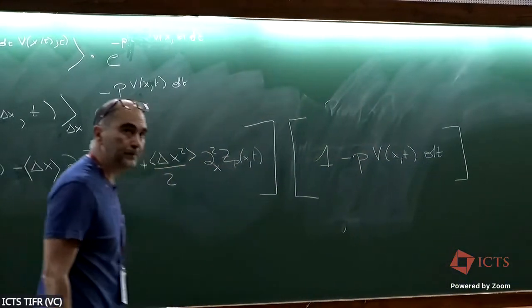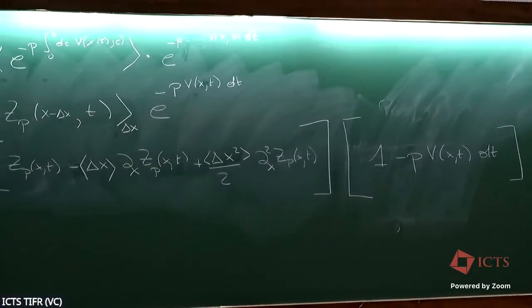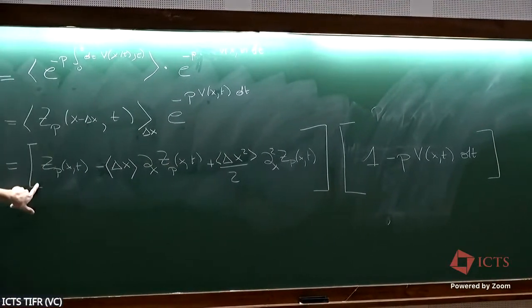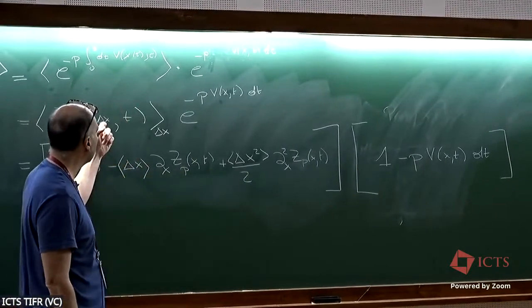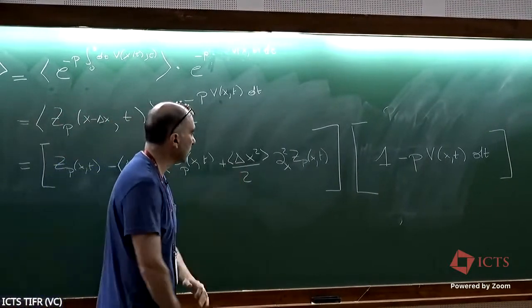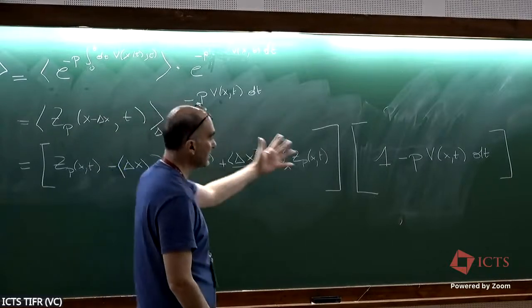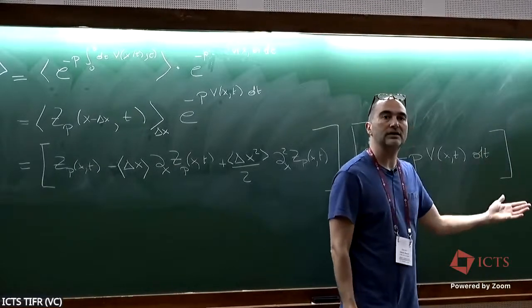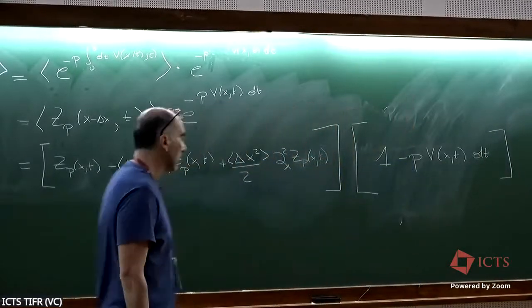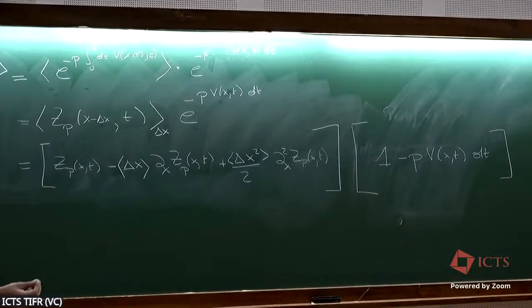Okay? So this term I developed up to the second order, and I took the average over the stochastic part. This term has no stochastic part, but again, I stop at the first order in delta t, okay? And now you can make the product between the two.